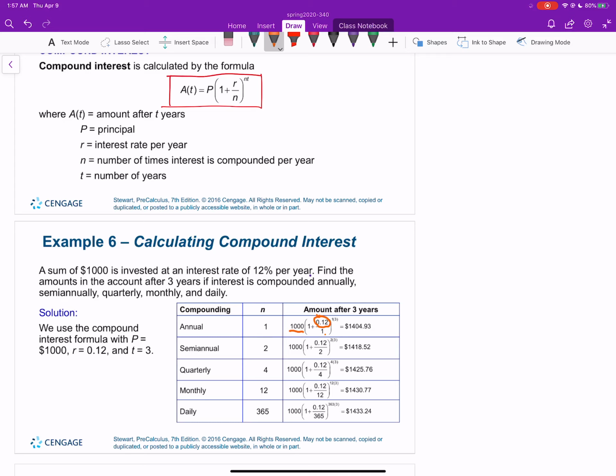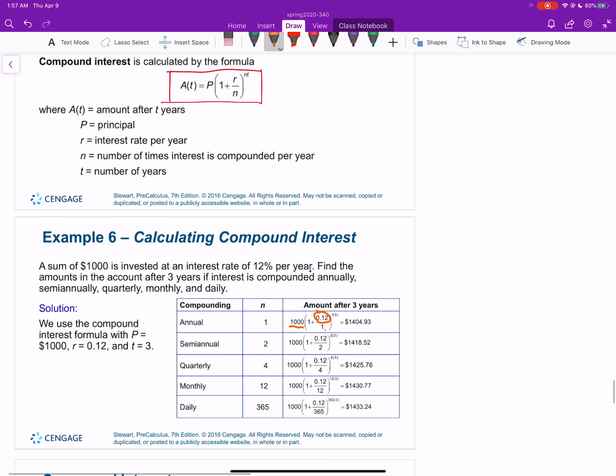The interest rate will be given to you in percentage per year, but you need to convert that into a decimal representation. Okay. And likewise, you do monthly, you got 12, so you divide the rate by 12. So if you're going to do this for 3 years, you're going to be compounding monthly 36 times during that time period.